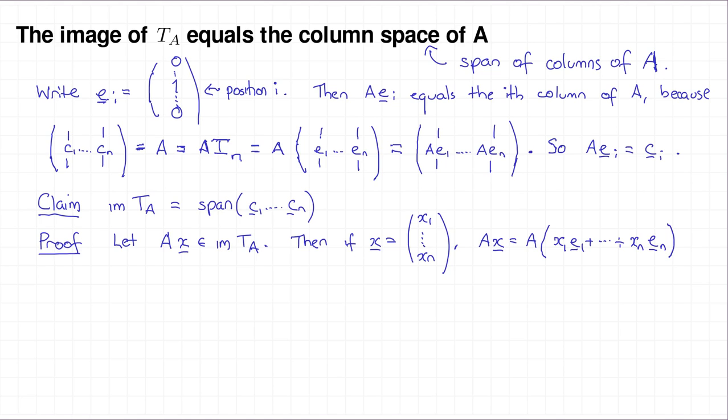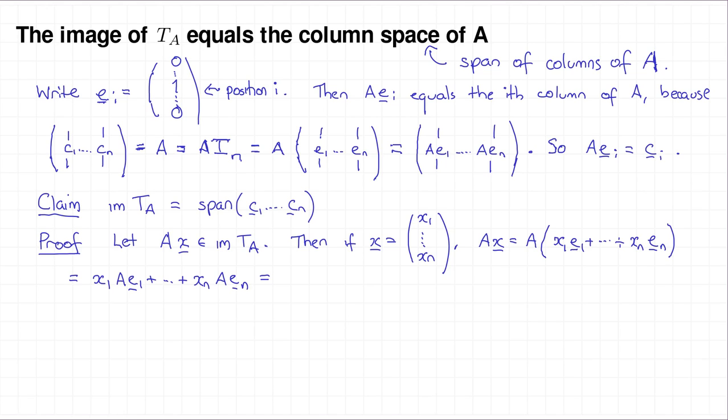That's because if you add up that linear combination of the standard basis vectors, you just get first entry x1, next entry x2, and so on. Okay, matrix multiplication has the linearity property, so we can rewrite this as x1 times A of e1 plus x2 times A of e2 all the way up to xn times A times en.